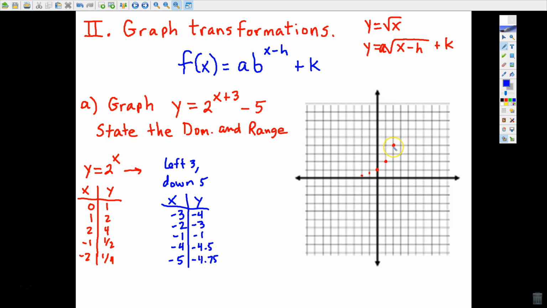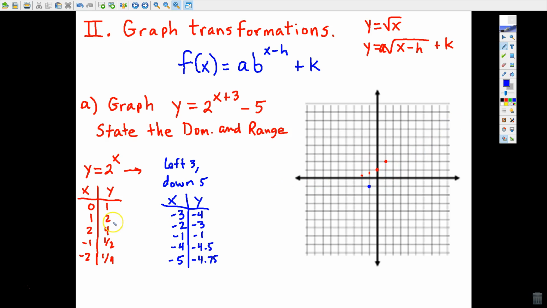So let's just start up here. This is my point from the parent, the point 2, 4. Okay, so each one of these red dots, I'm going to move left 3 and down 5. And the blue is going to represent my answer. And so I think I'll just erase these red ones as I'm done. We've done this in the past.